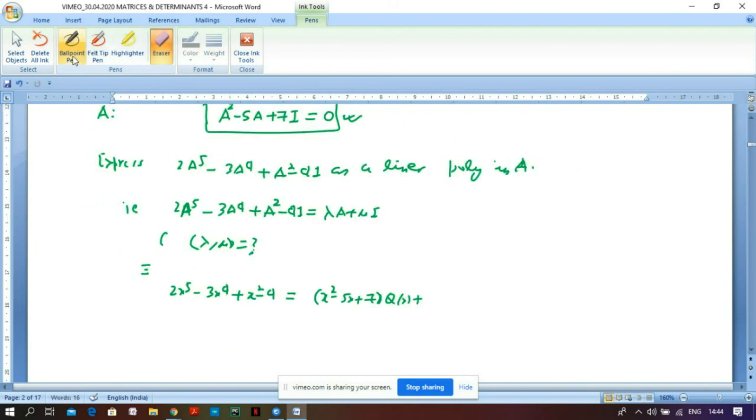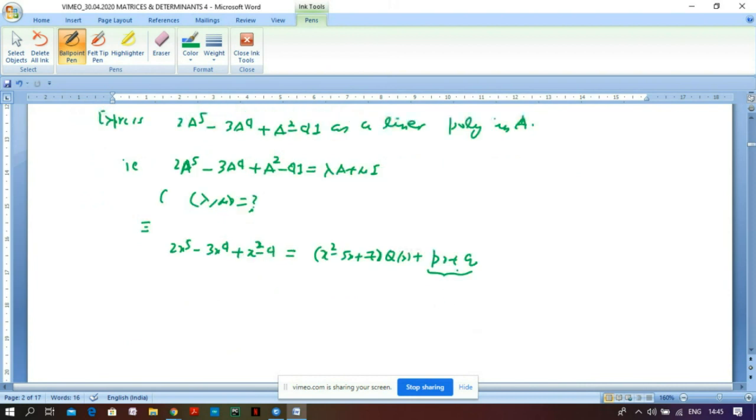So I can say that you want something like px plus q. It means that when you divide 2x to the power 5 minus 3x to the power 4 plus x squared minus 4 by x squared minus 5x plus 7, the remainder is px plus q. I want p and q.